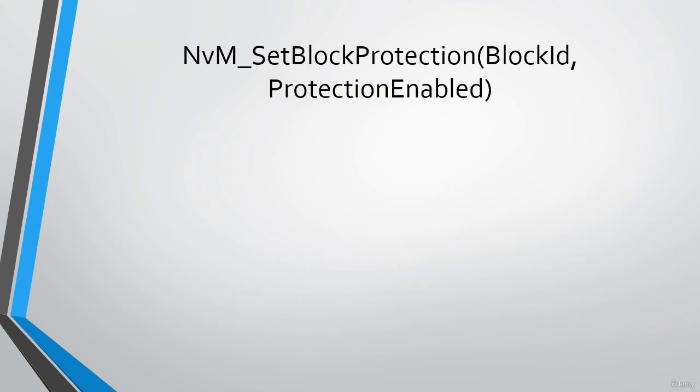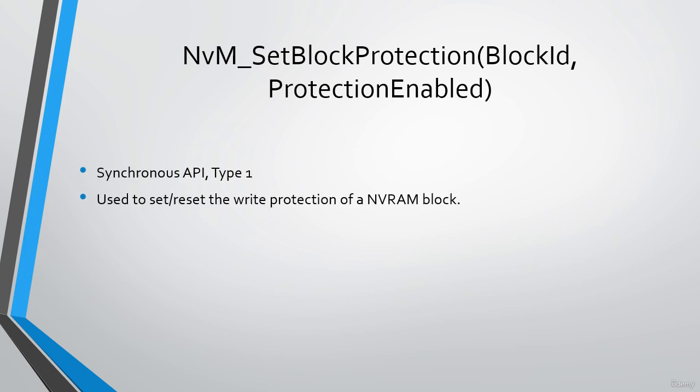The first API is NVM set block protection. The parameters passed are block ID and protection enabled parameter. It's a synchronous API of type 1 and it is used to set the write protection of an NVRAM block. If you remember, we are able to set the write protection, right?